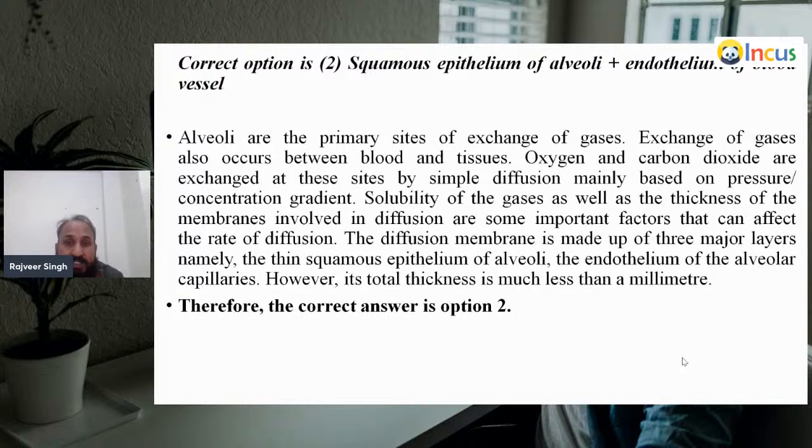Solubility of the gases, as well as the thickness of the membrane involved in the diffusion, are some important factors that can affect the rate of diffusion. The diffusion membrane is made up of three major layers, namely the thin squamous epithelium of alveoli and the endothelium of the alveolar capillaries. However, its total thickness is much less than a millimeter. So the answer will be second.